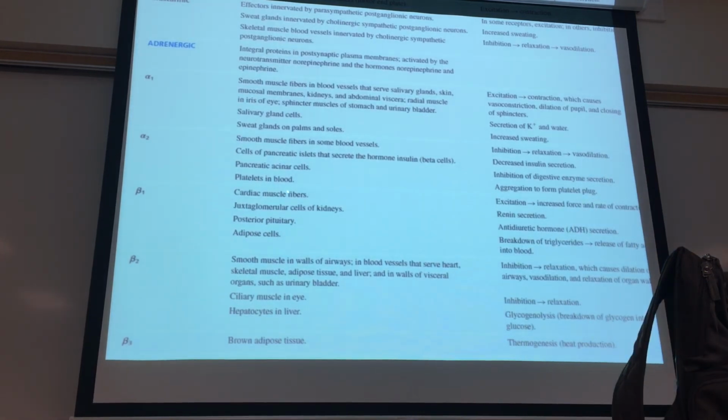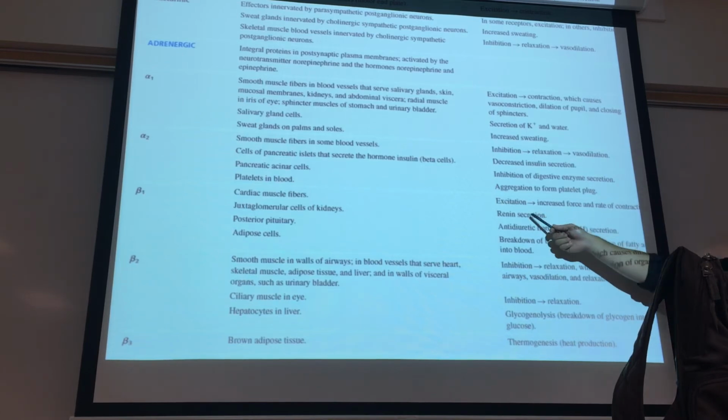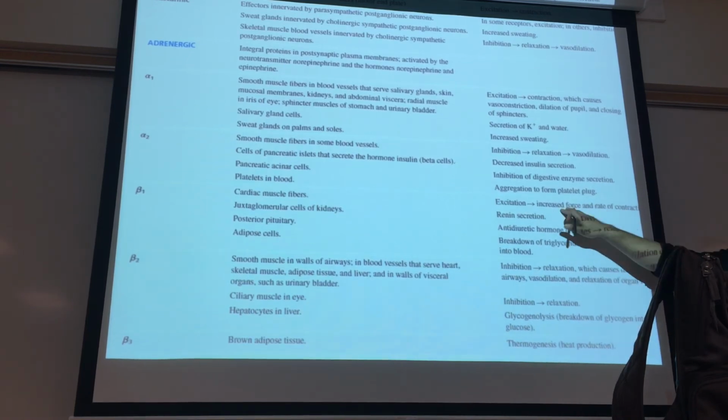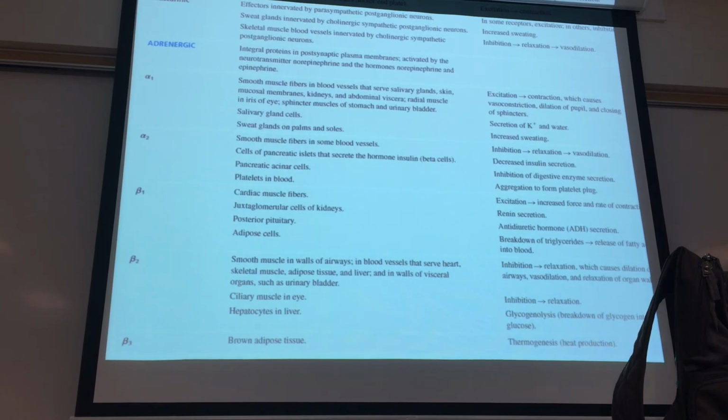So for cardiac muscle fibers, if I were to take epinephrine, it would come in and excite the beta-1 receptors located on the heart muscle fibers and cause excitation, meaning it's going to increase the rate of contraction. So if we're increasing the rate of contraction and increasing the contractile force, that's going to cause heart rate to increase.